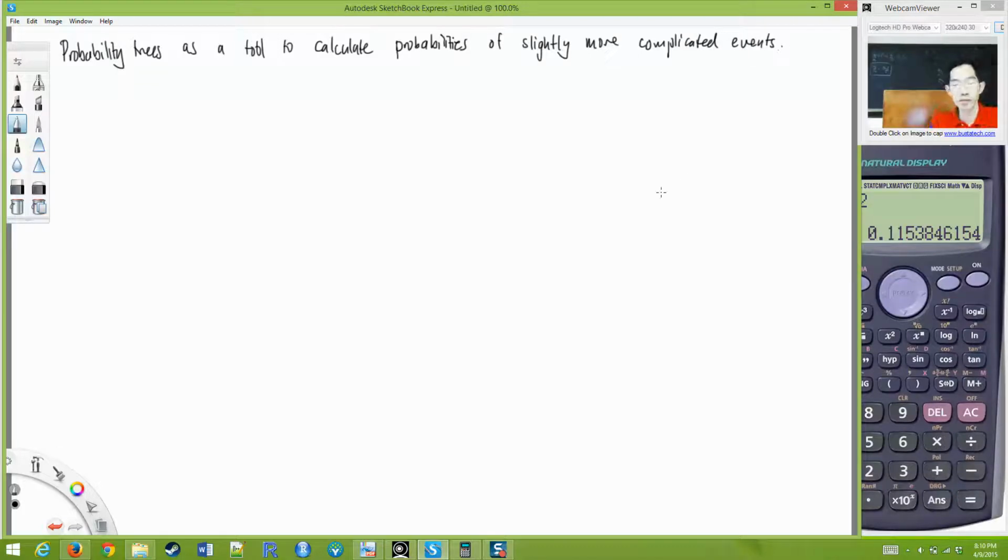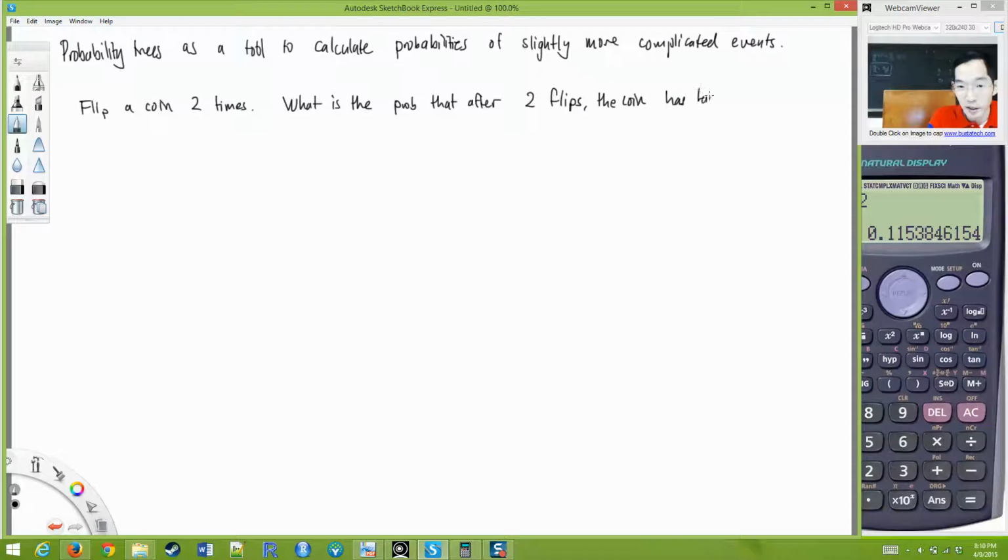Okay. So let's just start off with a simple example. Let's say we're going to flip a coin 2 times. And I'm going to just ask the question, what is the probability that after 2 flips, the coin has landed heads at least 1 time?